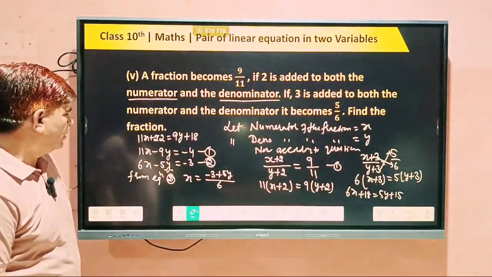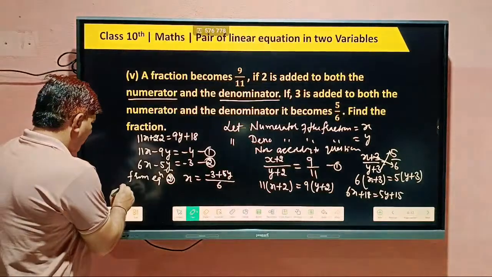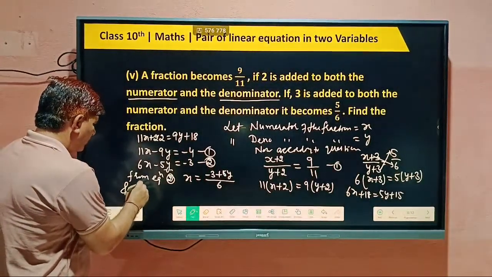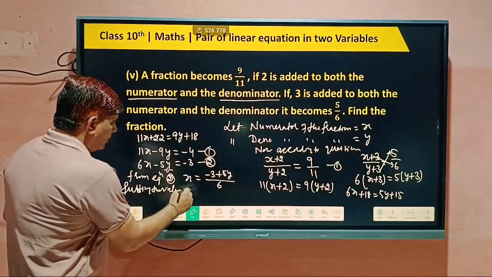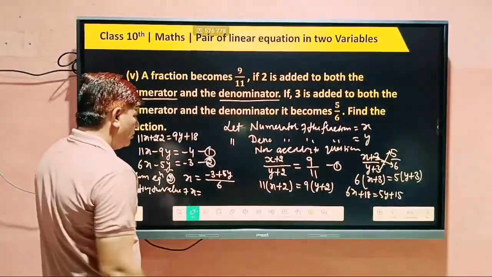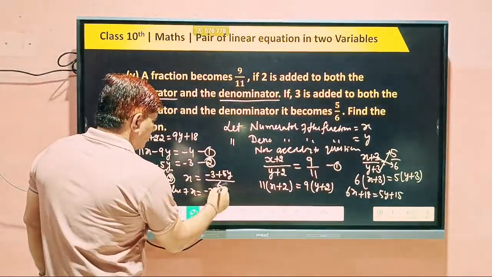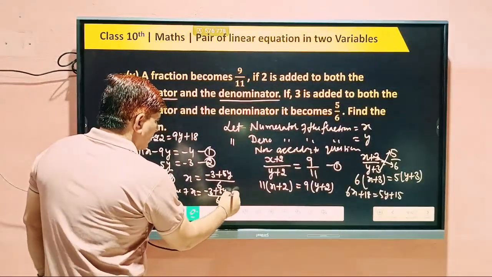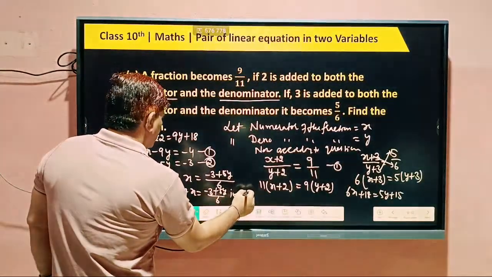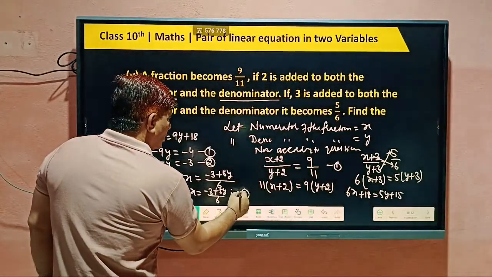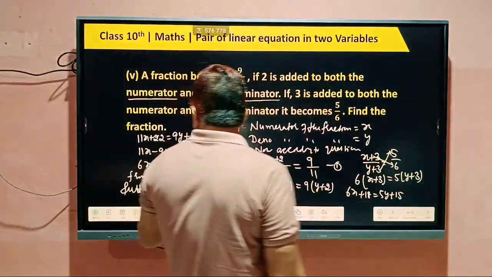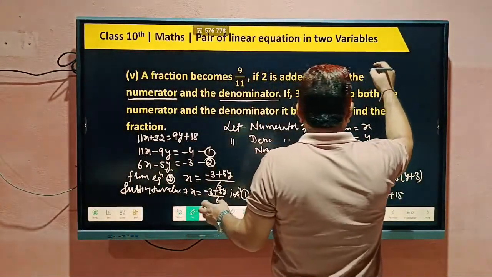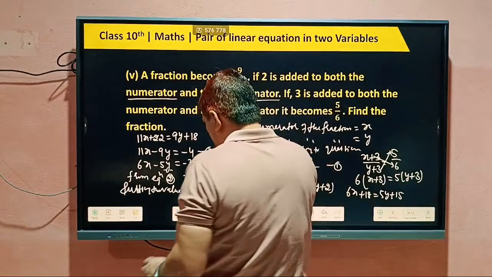You can solve it. Then putting the value of x is equal to minus 3 plus 5y by 6 in equation number 1, we get this equation, which you can take.